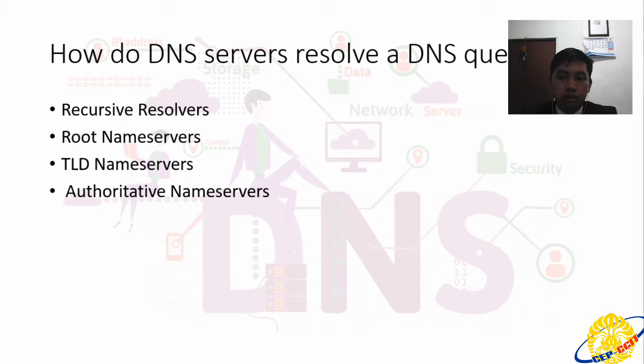The recursor then queries the authoritative name server, which will respond with the IP address of the origin server. And then the resolver will finally pass the origin server IP address back to the client.